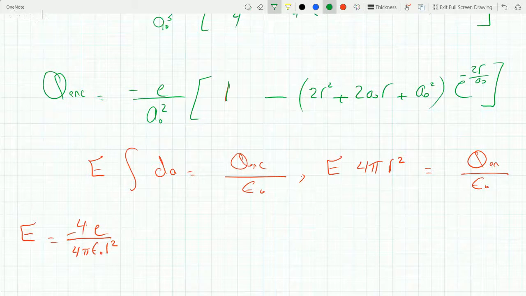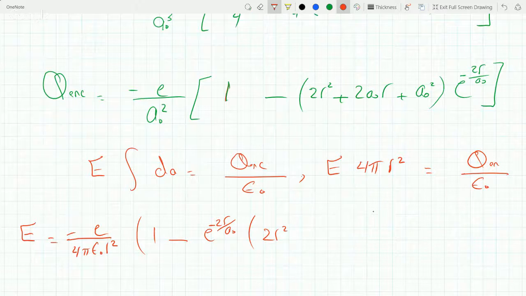We can get rid of this 4 here, and then we have Q over R squared, and we have Q enclosed times 1 minus e to the minus 2R over a0 times 2R squared plus 2 a0 R plus a0 squared.